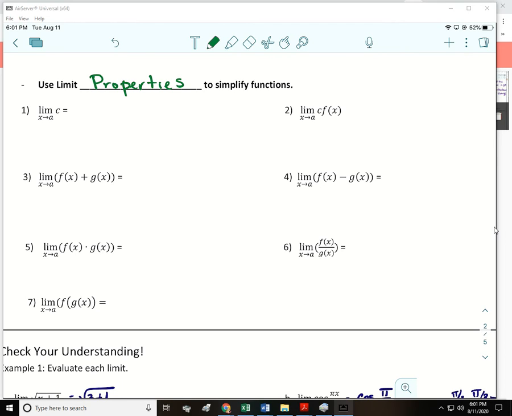All right, so the first one is if you have the limit as x approaches anything of a constant, that's just going to be whatever that constant is. The second property also uses a constant, but this time the constant is being multiplied by a function. So what we do a lot of times is just multiply by that constant on the outside of the limit.